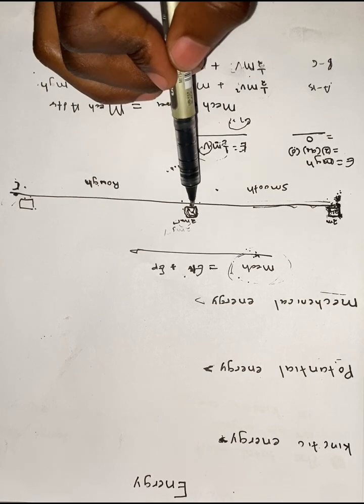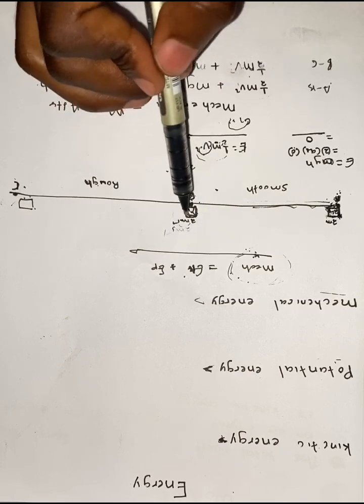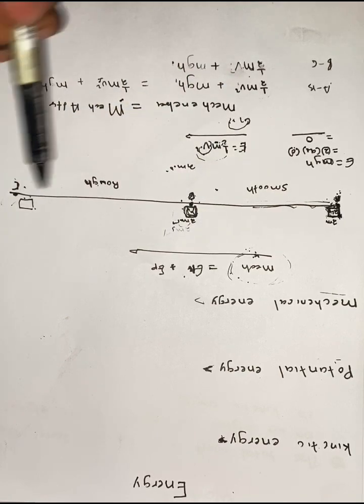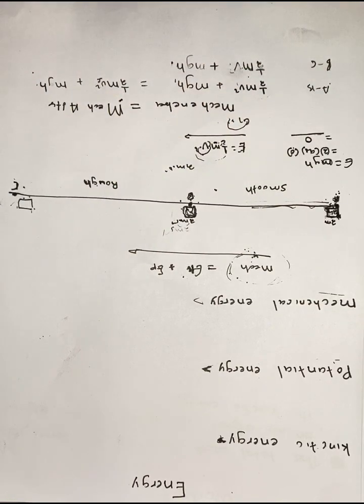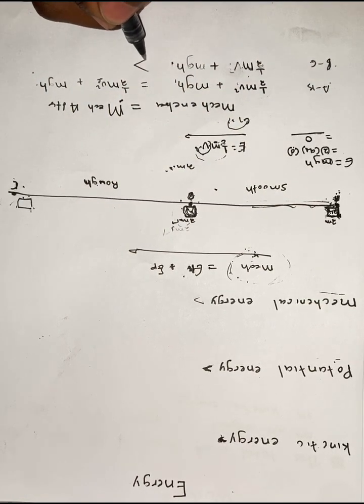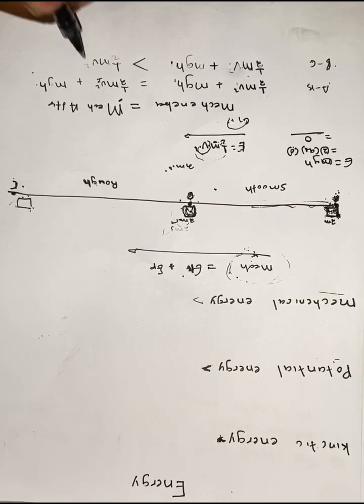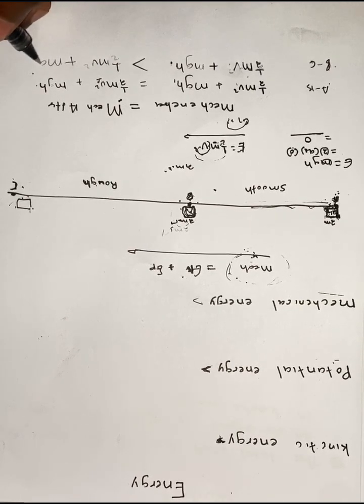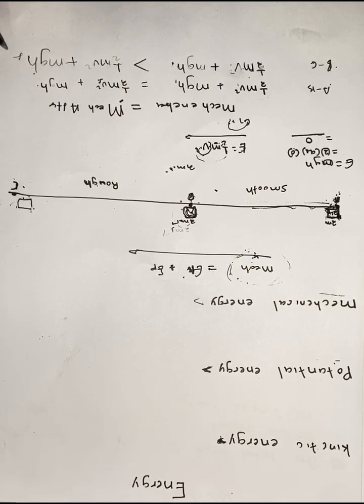As the potential energy is constant and kinetic energy before is greater than kinetic energy after, the mechanical energy before will be greater than the mechanical energy after at point B to point C, which is 1 over 2 mv squared plus mgh. This is final.